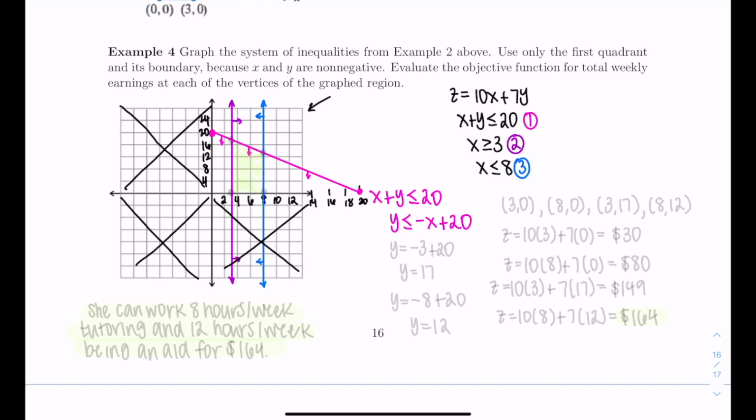And so because we are dealing only in the first quadrant, that means that my solution set is going to be right here in this region where all three intersect. And so what we need to do is we need to find the vertices of this section.